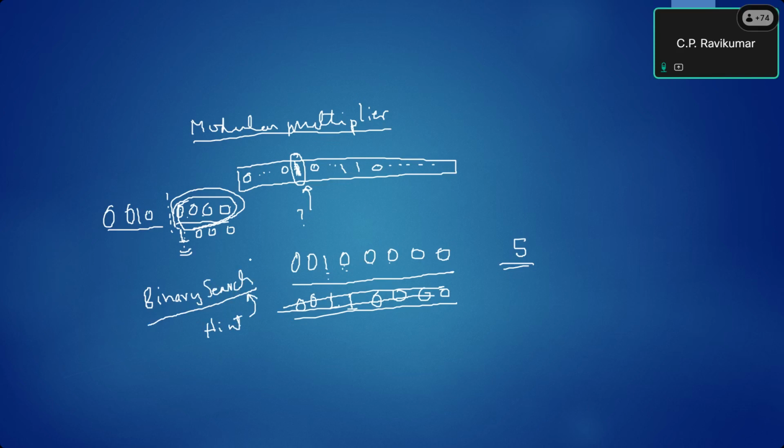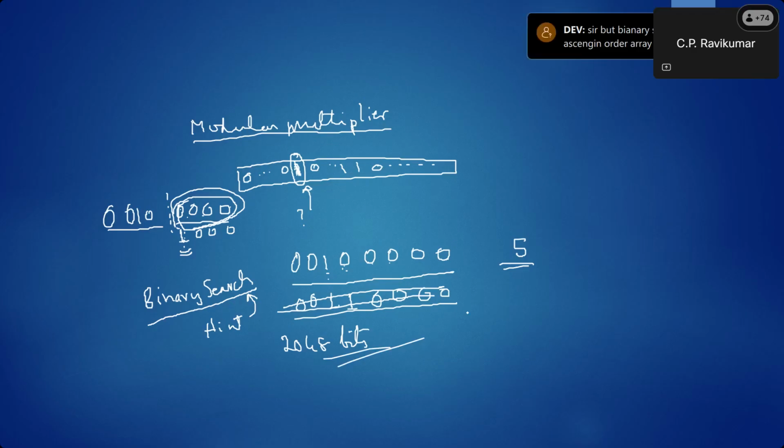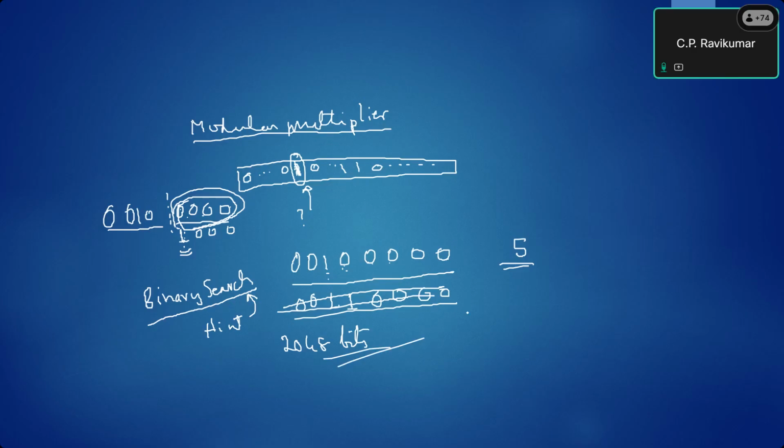And remember, it will have to do it on 4, or rather 2048 bits, etc. Yeah, you have to try. I'm saying that the way binary search works, you have to give it a try. Take some time to think.